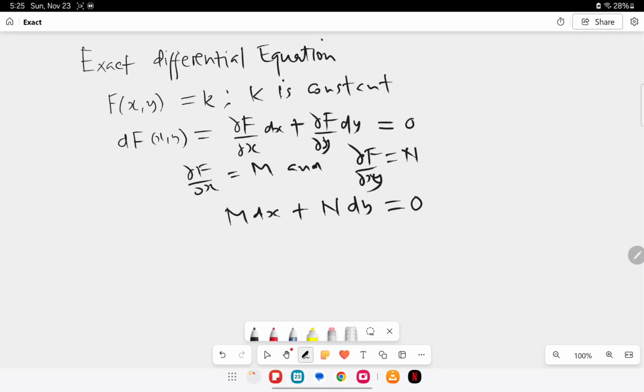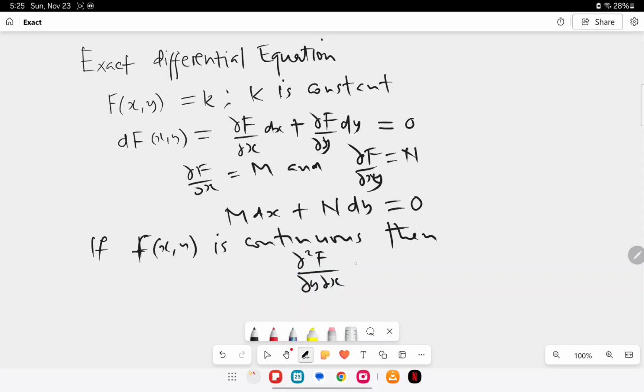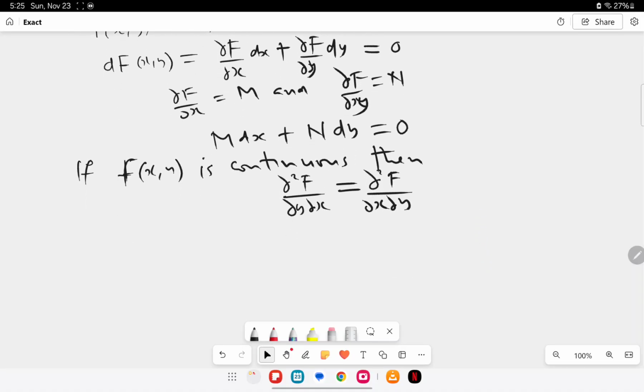The concept of differentiation says if the given function f of x comma y is continuous, then the corresponding second partial derivatives, so if I find the second partial derivative, d squared f dy dx, will be equal to d squared f dx dy. This is very important.